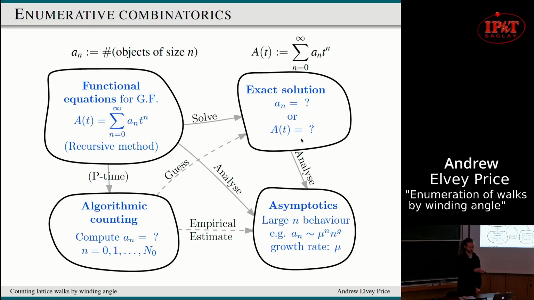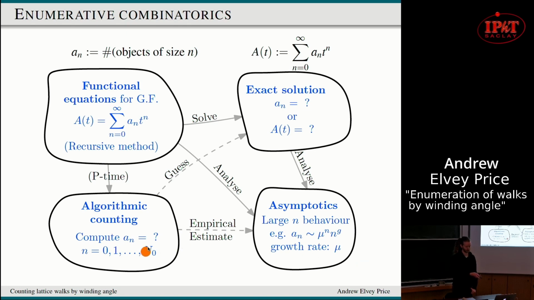But I've drawn a picture of different aims that are important for us. Another aim is to determine the asymptotics, that is the large n behavior of the values a_n, and that's generally the most interesting part for people in probability and physics.